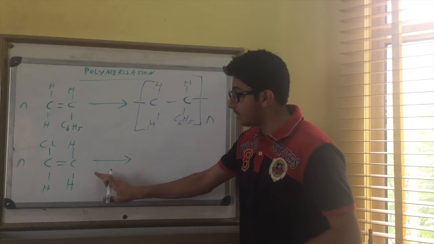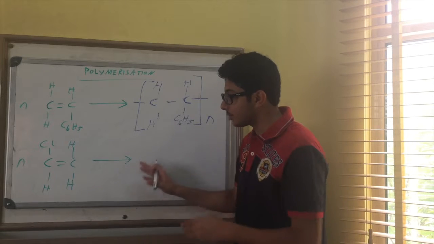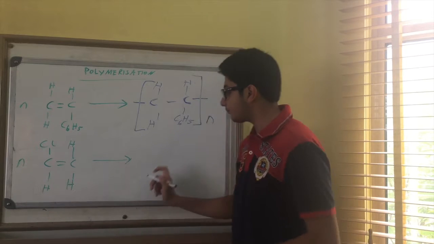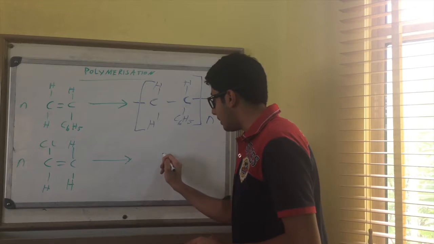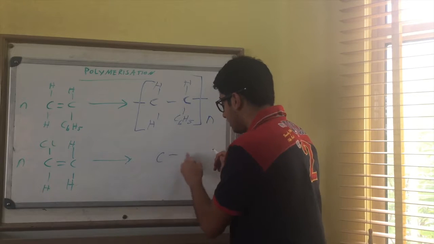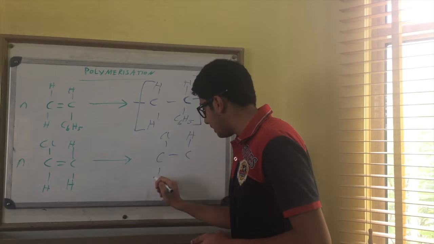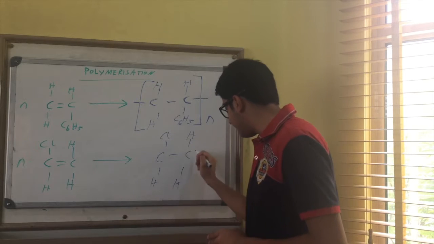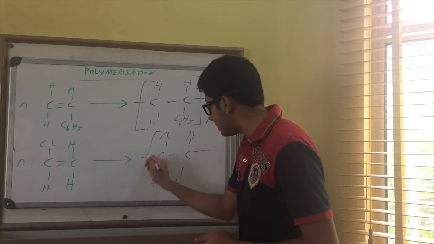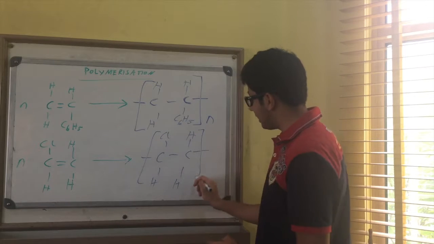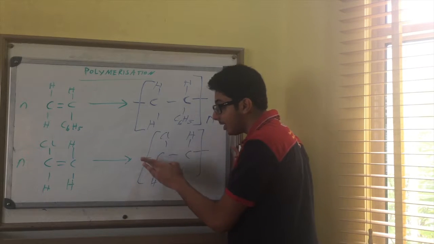Now for this one, this is chloroethene. Remember, monomers are always alkenes. So we draw the structure first, carbon to carbon single bond, and we extend the bonds. The bonds have to be extended through the brackets in order to get the mark, and they have to be coming from the carbon.